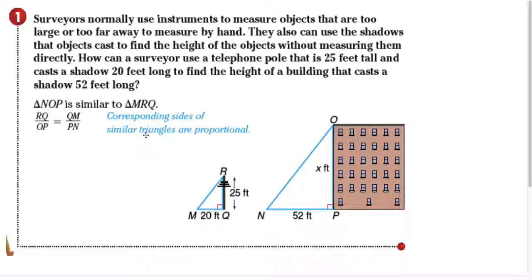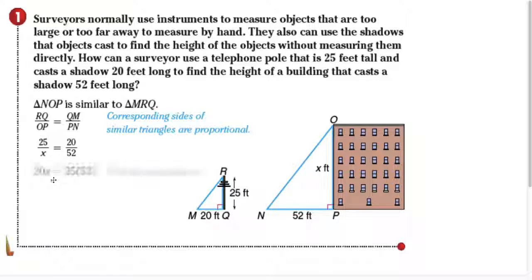See, corresponding sides of similar triangles are said to be proportional, so we simply equate RQ over OP equals QM over PM. Okay, and then we substitute the values for RQ and QM and PM, and OP is what we want to find, so that is X. And knowing what we learned in the last lesson, we do cross products.